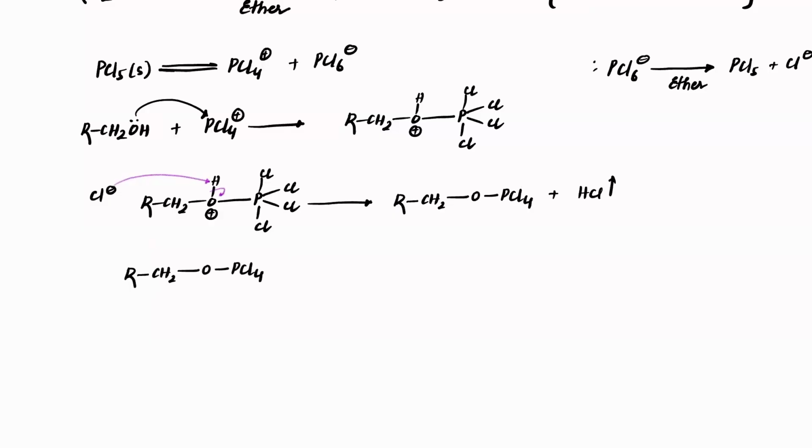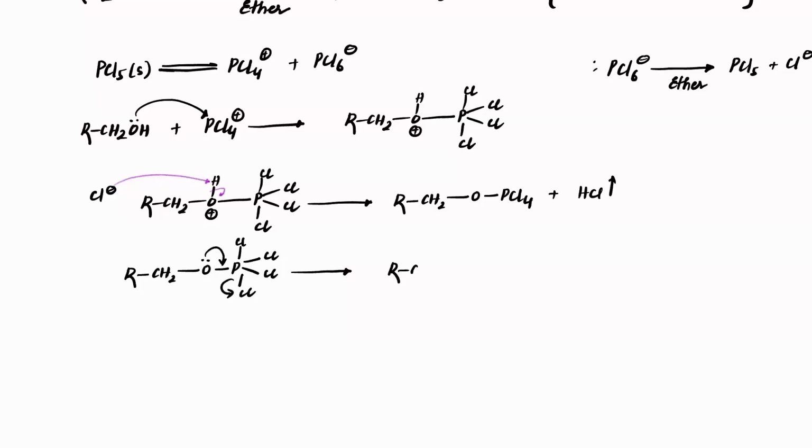Now notice this intermediate here properly. Here, if you have four chlorines, so Cl, Cl, Cl, and Cl. The lone pair present on it will push here to remove this chloride.